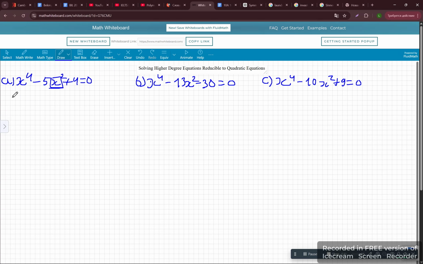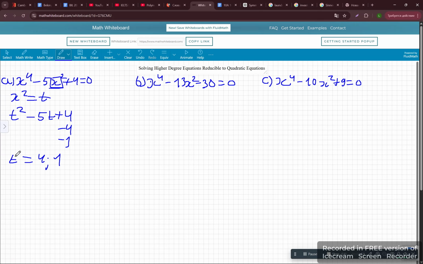There is an x to the fourth, so we can replace it with any variable, for example t. So t squared minus 5t plus 4, minus 4, minus 1, t equal to 4 and 1.